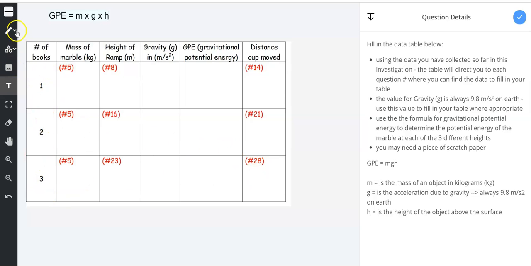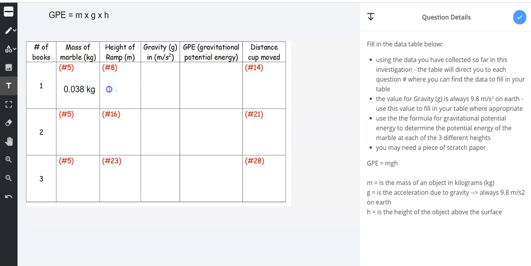So let's do an example. Maybe we have a marble that is 0.038 kilograms. That's the mass of the marble I'm using.